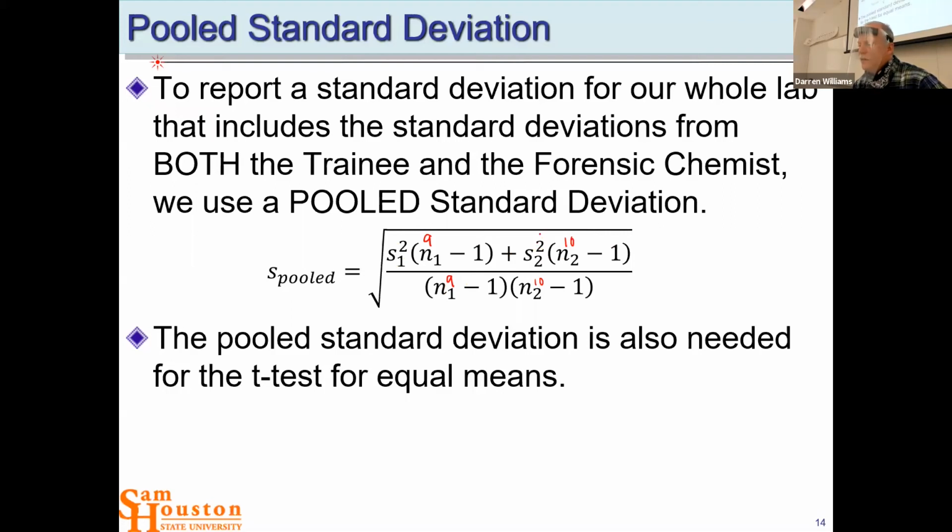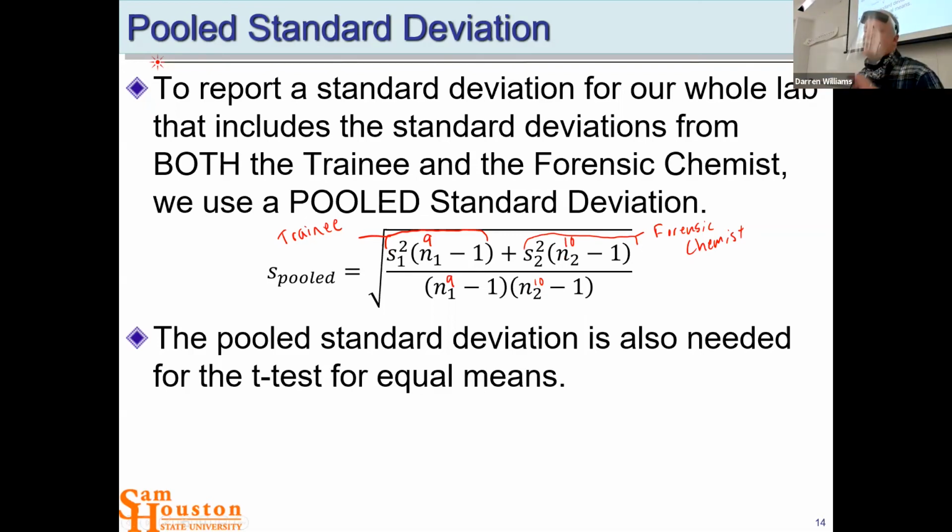This piece is the forensic chemist, and this piece is for the trainee. These n minus 1s are the degrees of freedom: whatever data points they have, minus 1.